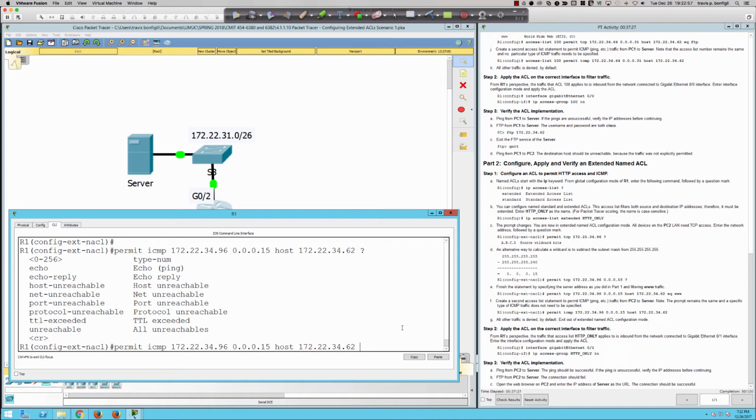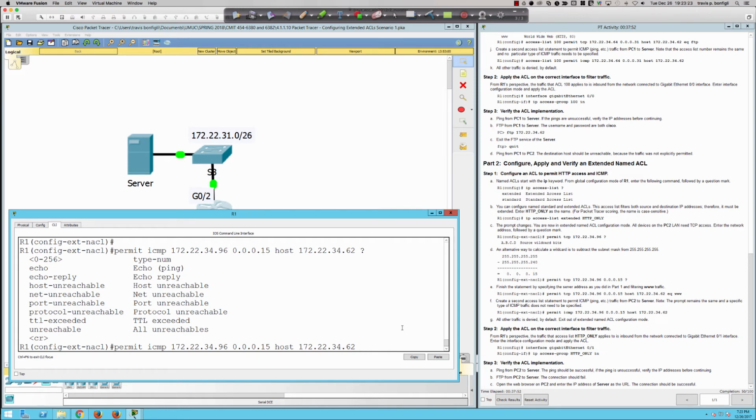Now it's here, and this is what I was anticipating when I did the question mark earlier. As you can see, right, I can be very granular with what type of ICMP packets I'm allowing to come into this gig01 interface, right? So maybe I only allow, and here's what we'll do. So I'll do this and we'll make it interesting.